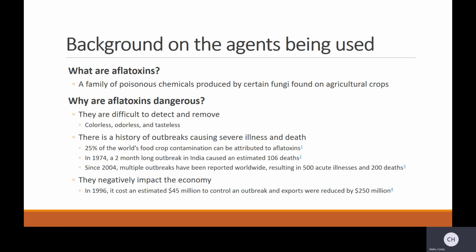And then since 2004, there's been multiple outbreaks reported worldwide, resulting in 500 acute illnesses and estimated to be 200 deaths. So in addition to the health impacts, outbreaks can negatively affect the economy as well. An example of this was seen from an outbreak in 1996 that occurred in Arizona, which cost an estimated $45 million to control and reduced exports by 250 million.